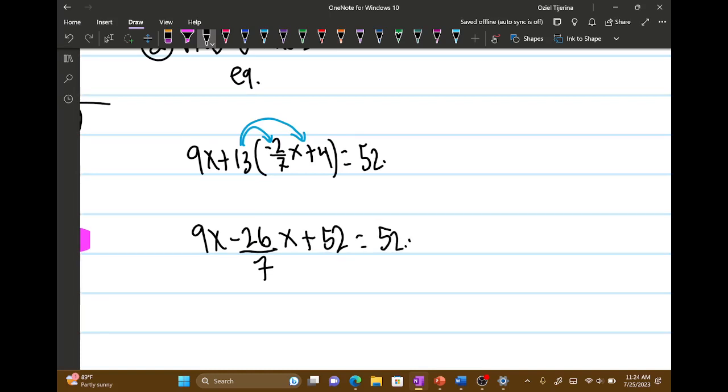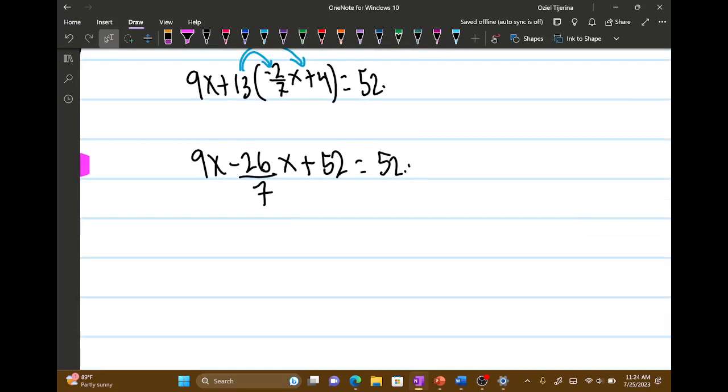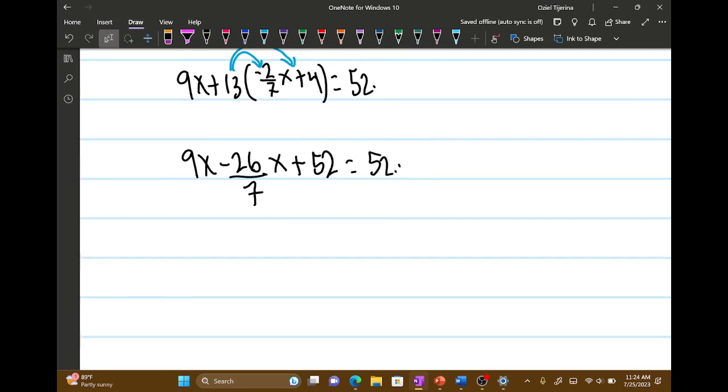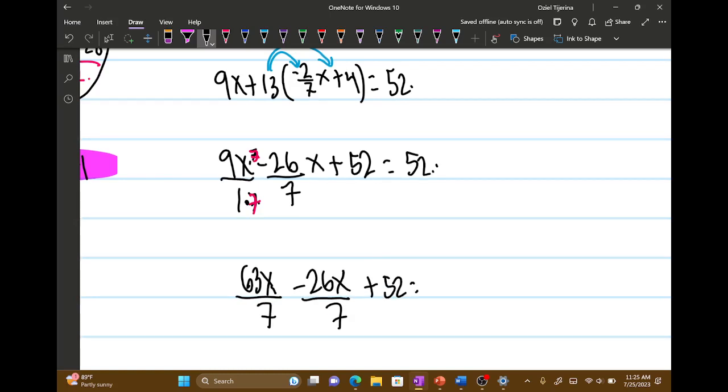This equation is actually easier than it should be. We get the common denominator by multiplying by 7 on top and bottom, so we get 63x over 7 minus 26x over 7 plus 52 equals 52.